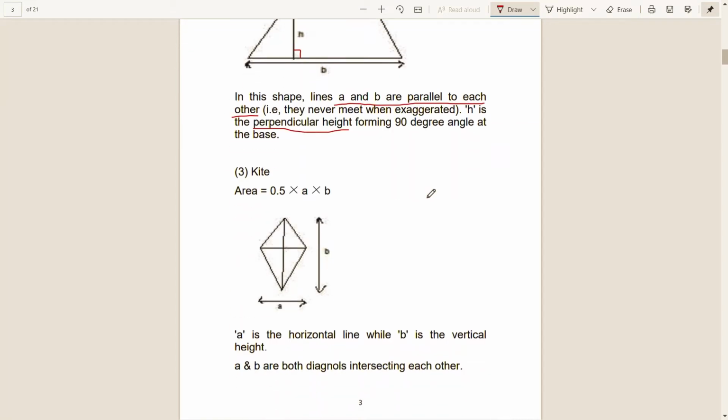The next shape is the kite. This is the shape of a kite, in which there are two diagonals.